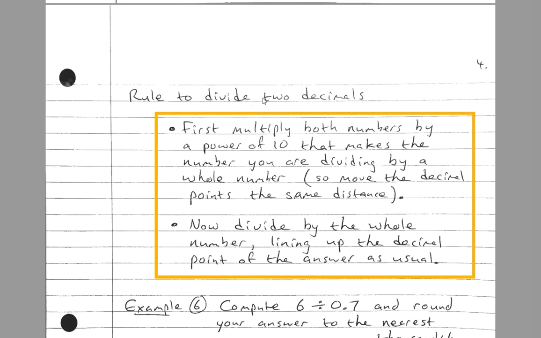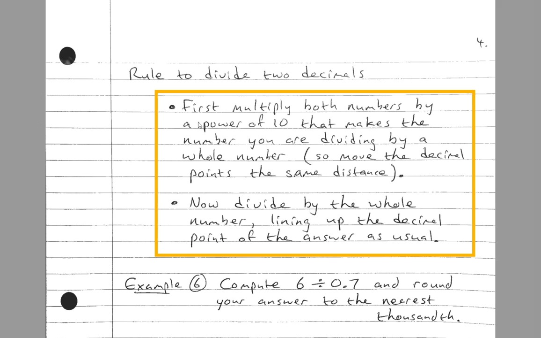So here's the rule to divide 2 decimals. First, multiply both numbers by a power of 10 that makes the number you're dividing by a whole number. Okay, so we want the number on the bottom to be a whole number, but don't forget, if you change that number, you have to also change the number you're dividing.